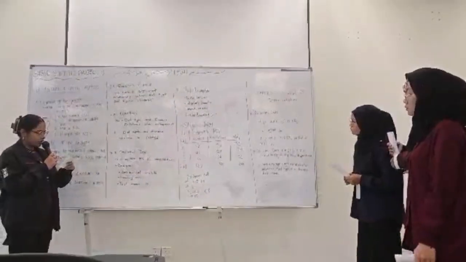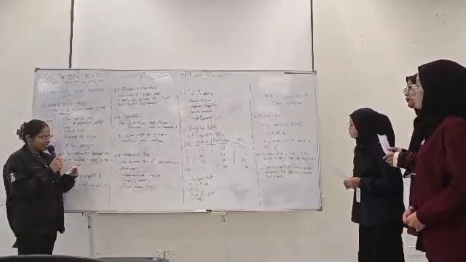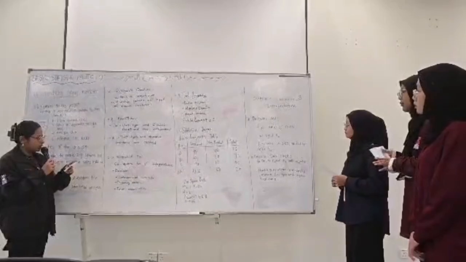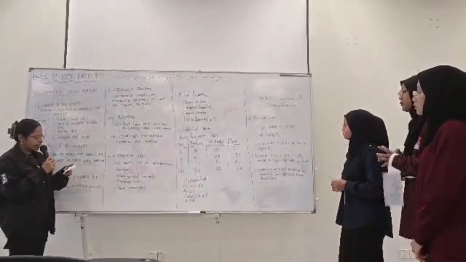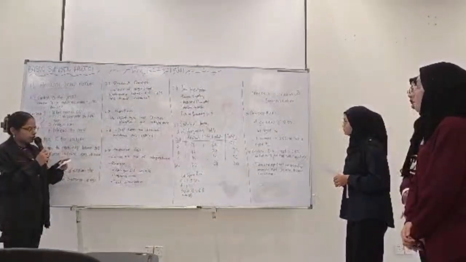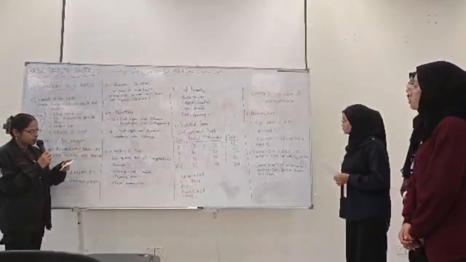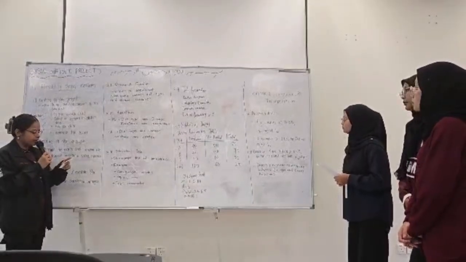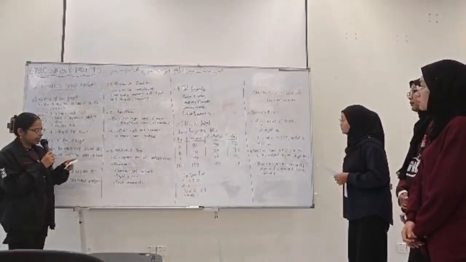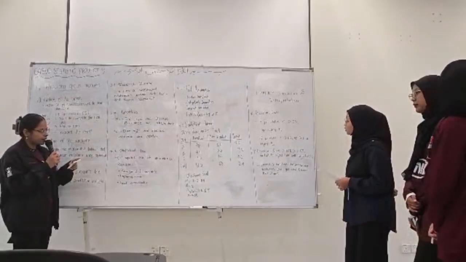Next, section 2.5, statistical output. Joint frequency table: for diet A, resistant is 48, non-resistant 24, giving a total of 72. Diet B, resistant 44, non-resistant 28, the total is 72.